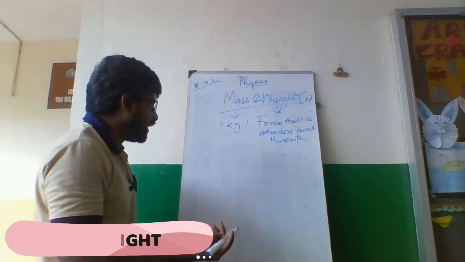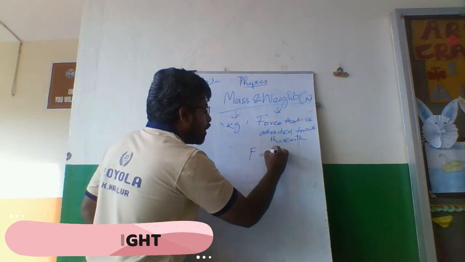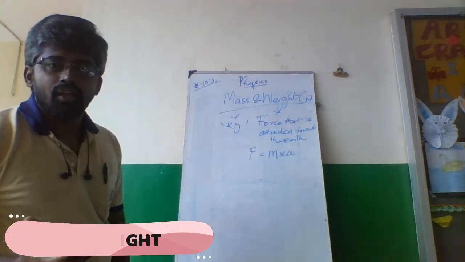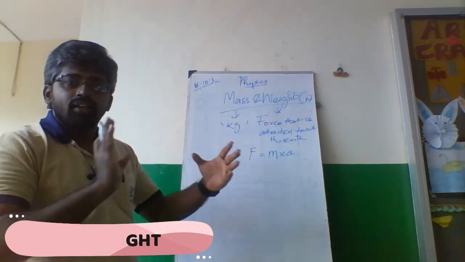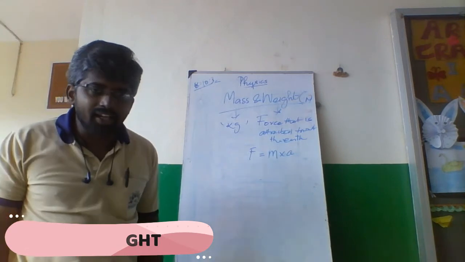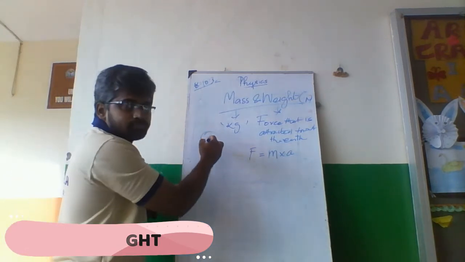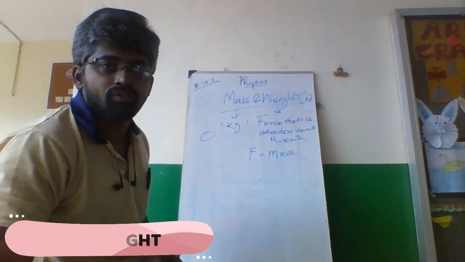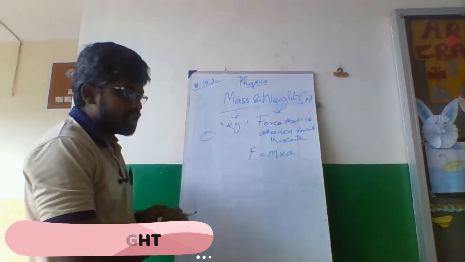According to Newton's second law, F is equal to mass into acceleration, m into a. Now mass into acceleration, that is in the horizontal direction, but I am standing here. Now I'm standing in this direction.